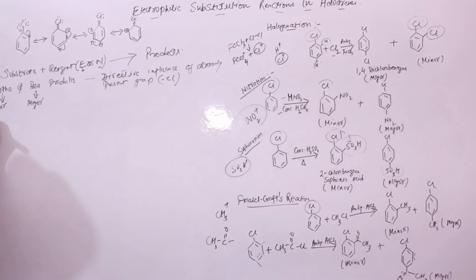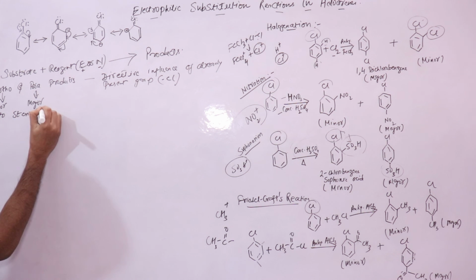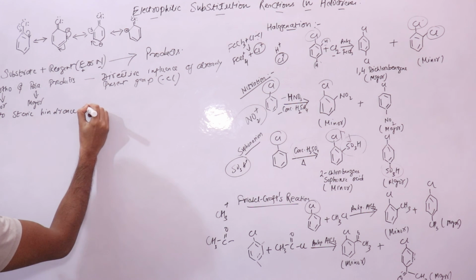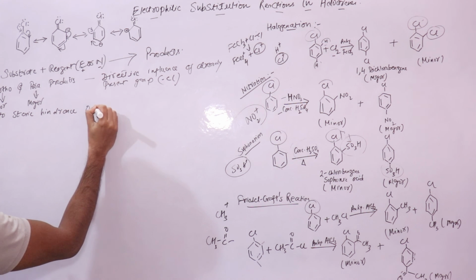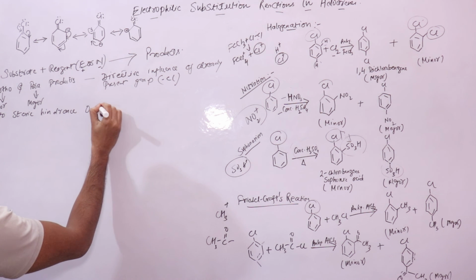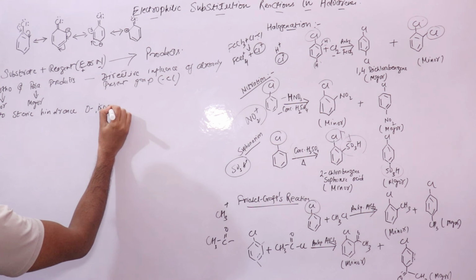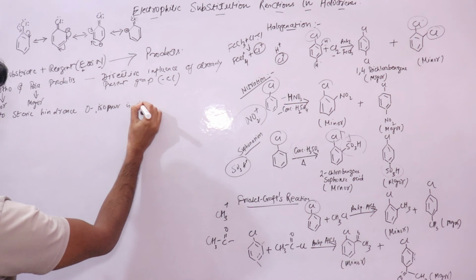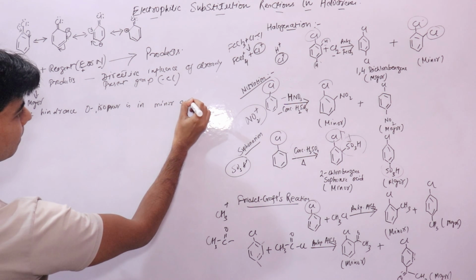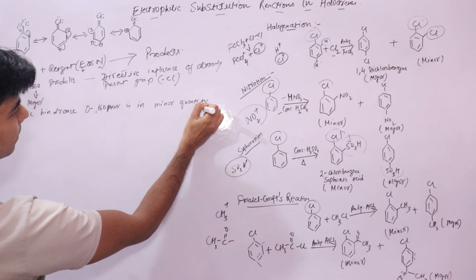So due to steric hindrance, the ortho isomer in the product is in minor quantity, right?